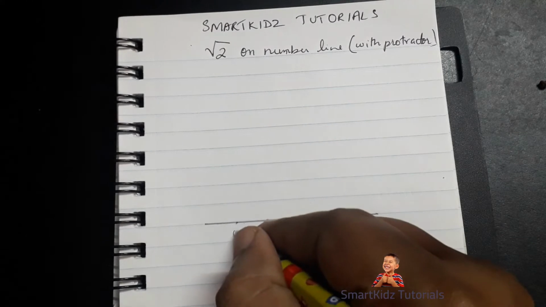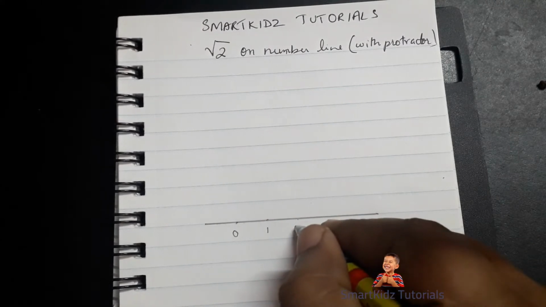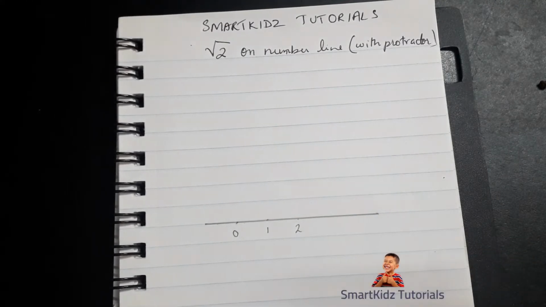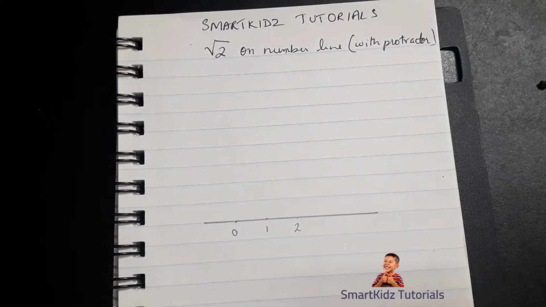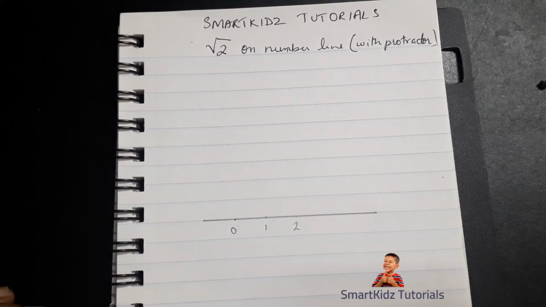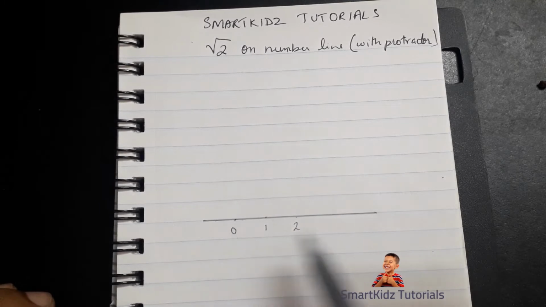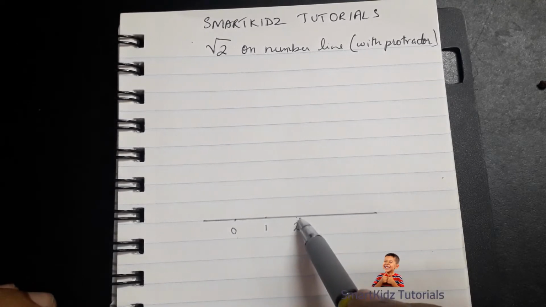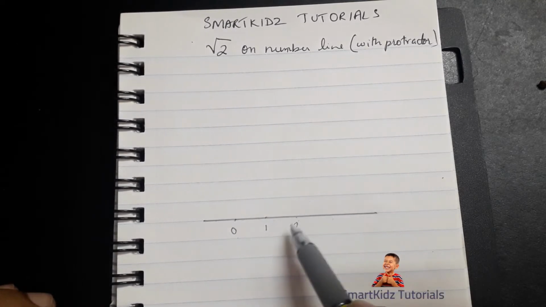This will be our 0, positive 1, 2. Remember, this is a number line, so on a number line you also have negative numbers. But we are interested in positive root 2, so I will focus only on the positive side of it, which is towards the right hand side of 0. So there's no need to put 3 over here, just till 2 is more than enough.